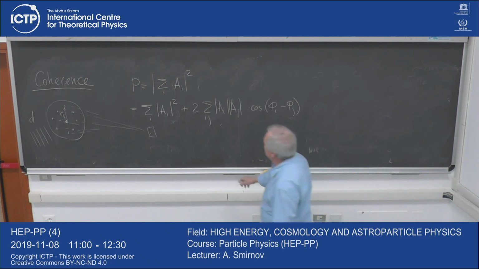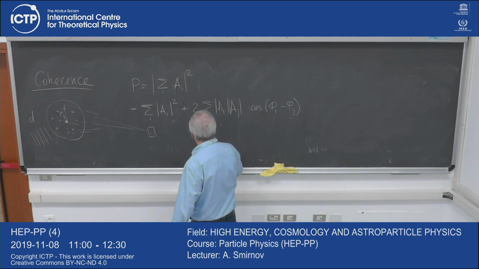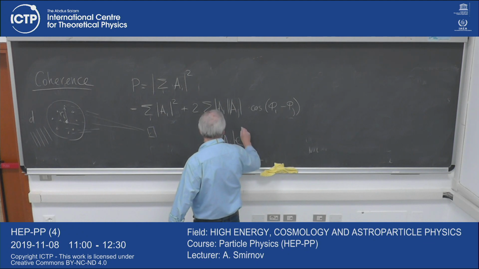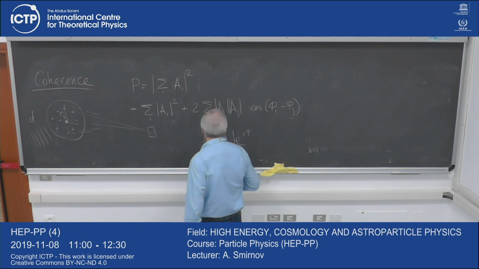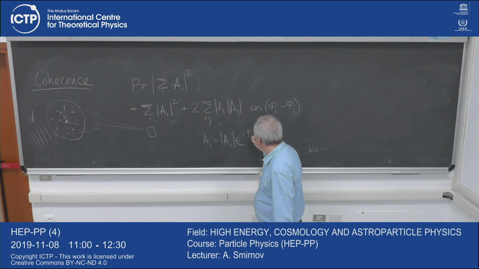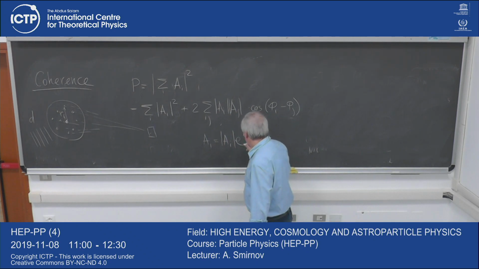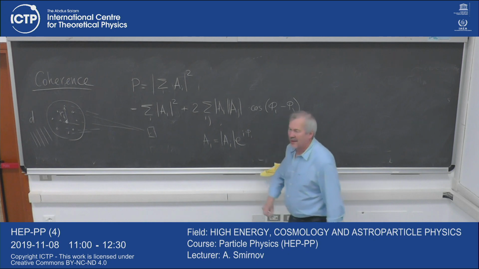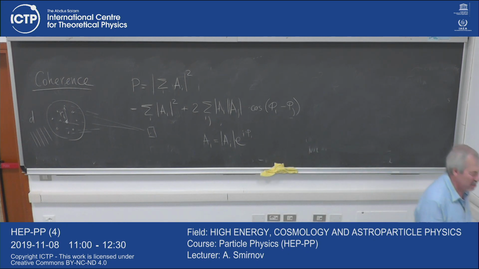So each of the amplitudes can be written as modulus of the amplitude and phase. But I think you will not be confused. This is i, and the i index. Probably better to use j. Okay?